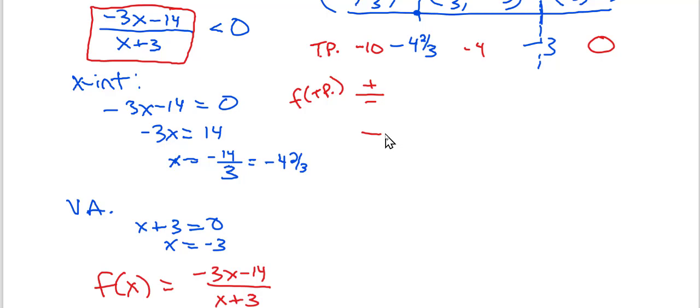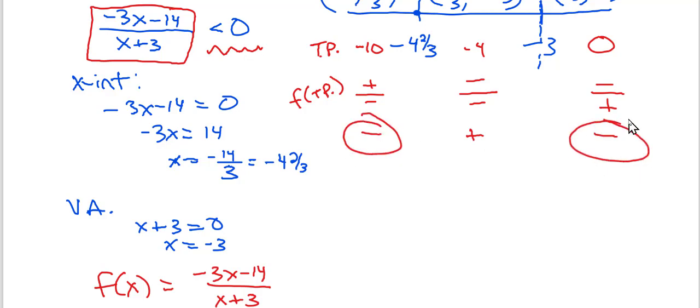Plugging negative 4 in the numerator is going to give me negative 12 minus 14. Negative 4 in the denominator is also negative, so I get a positive on that interval. And then plugging in 0, I get a negative over a positive, so I get a negative. I want to know where this function is less than 0. I'm looking for the negatives here.